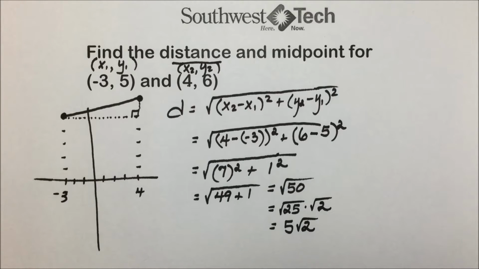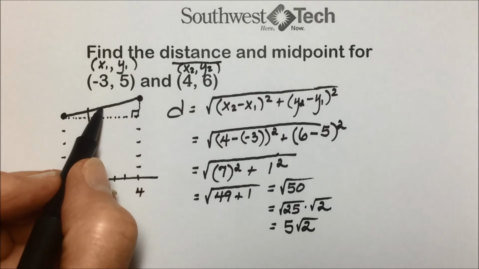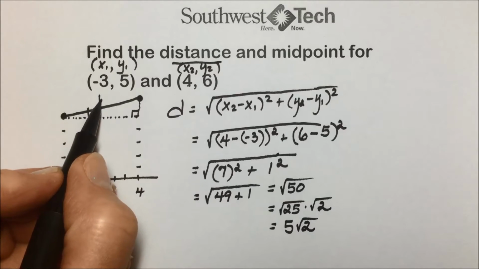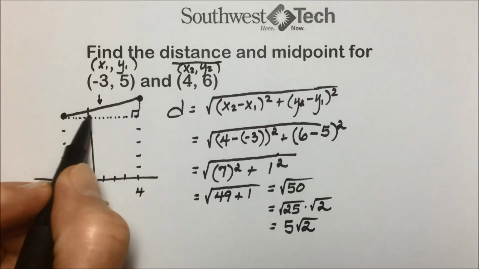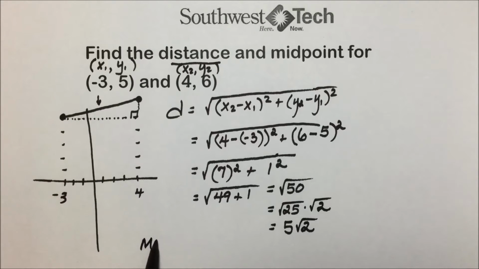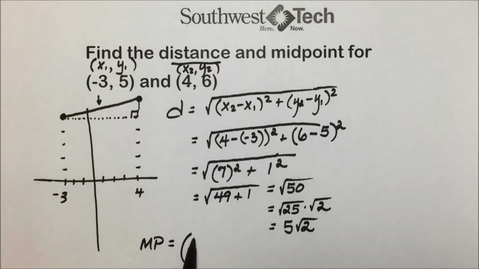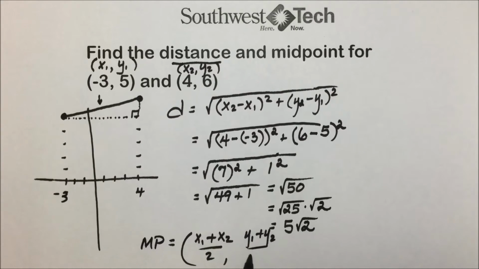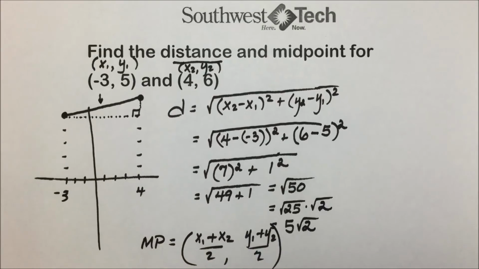This problem further asks us, where is that midpoint? Where is that fulcrum or the balance point between these two? And to find that, the midpoint formula is x1 plus x2 divided by 2 and y1 plus y2 divided by 2.